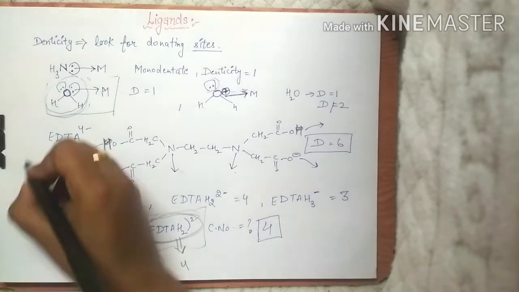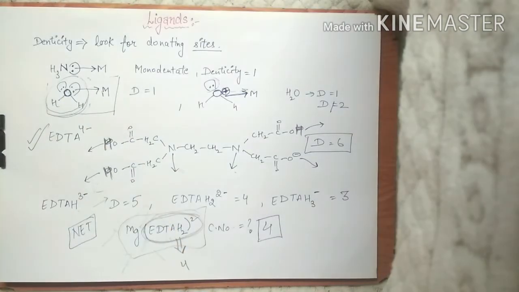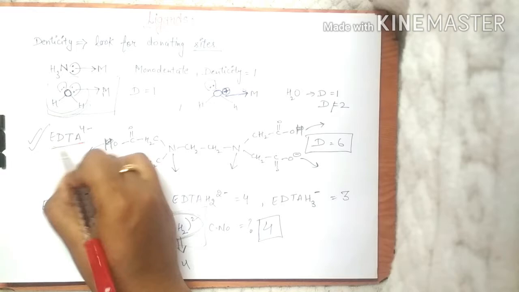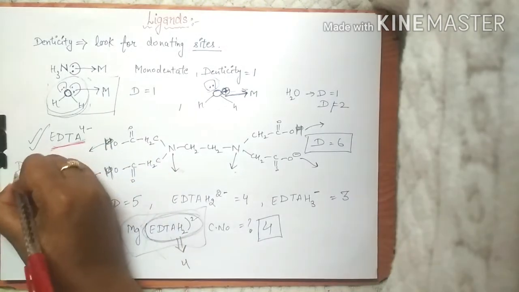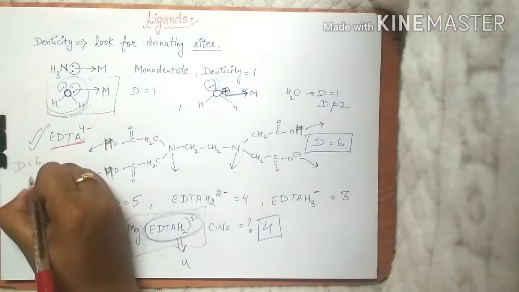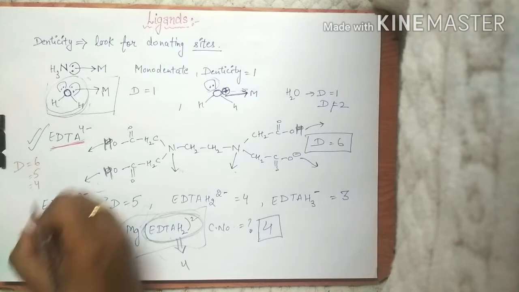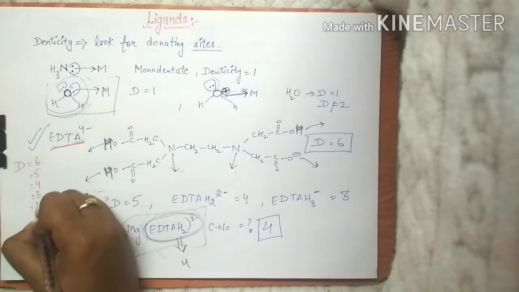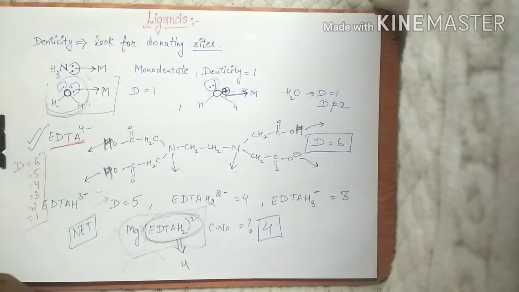So that is why I discussed the case of EDTA. Okay, so this is a very important example. Also, one thing to mention here is that the EDTA which is present here can show denticity of 6, 5, 4, 3, 2, 1, right? All these denticity values it can show.